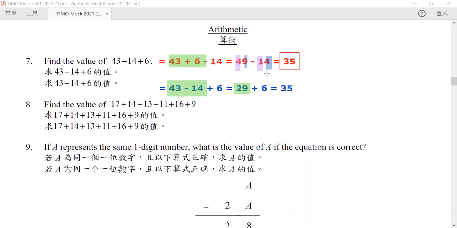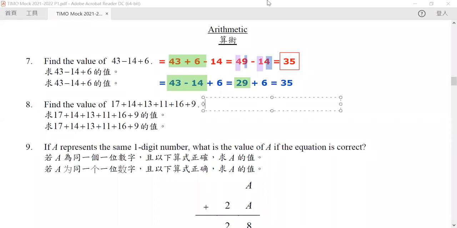Teacher said, for example, we need 17 plus 13 is 30, because 30 is easy to add. No, you do not do that.